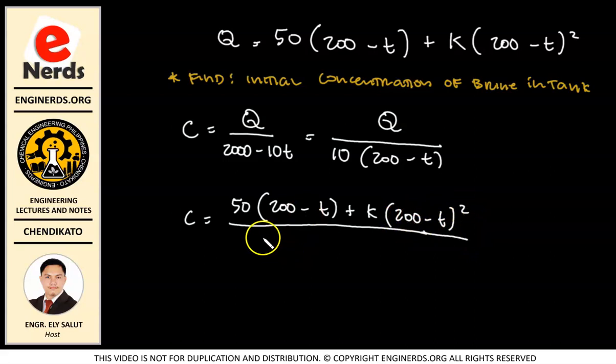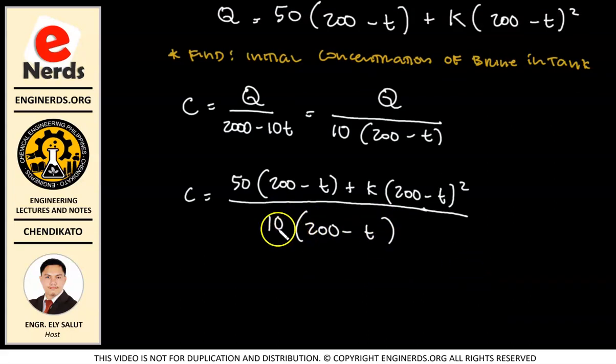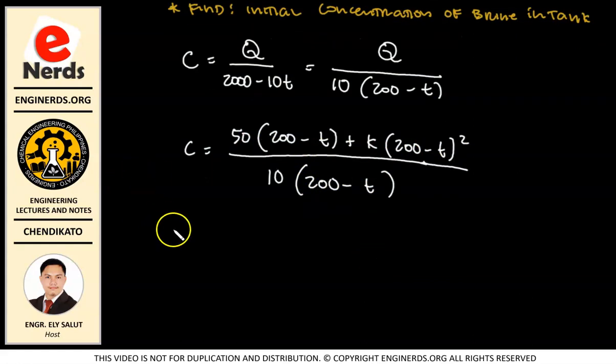Okay, and then our denominator is 10 times 200 minus T. As you can see, we have 200 minus T in both the numerator and denominator. So we can just divide the terms of the numerator by 200 minus T. So we will have C is equal to 50 divided by 10, which is 5. Then 200 minus T divided by 200 minus T will just be cancelled out.